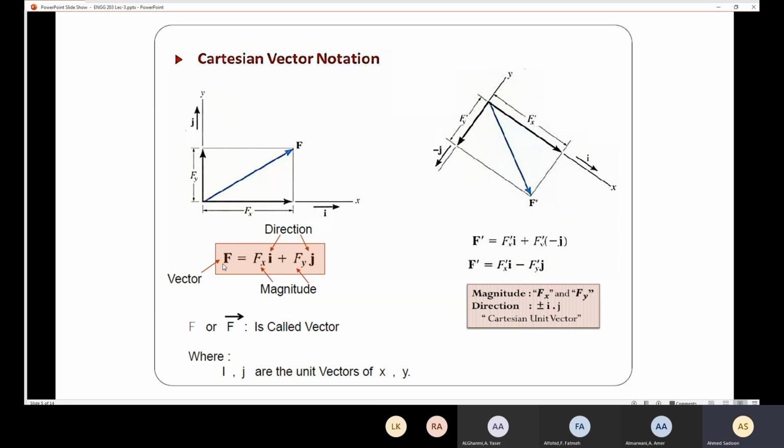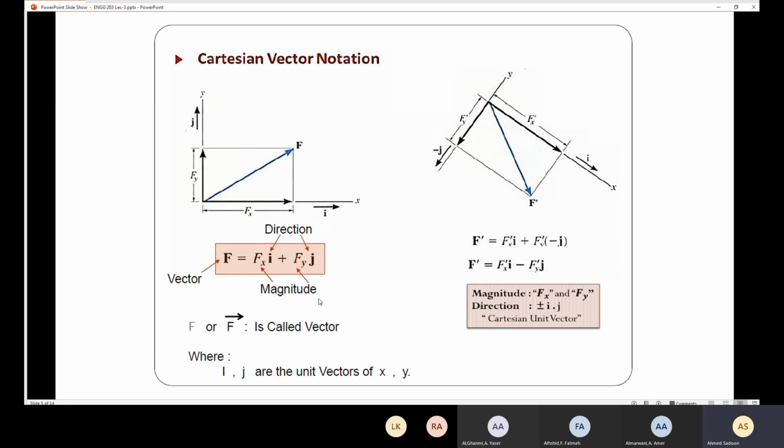So if I have a vector like this one, and I decompose it into x and y, I'm going to say that F equals Fx, where Fx is the magnitude in that direction, times i, which refers to the direction of the force, plus Fy. Fy is the component in the y direction, and j is the direction for y.